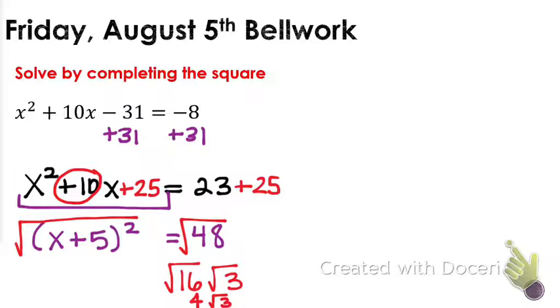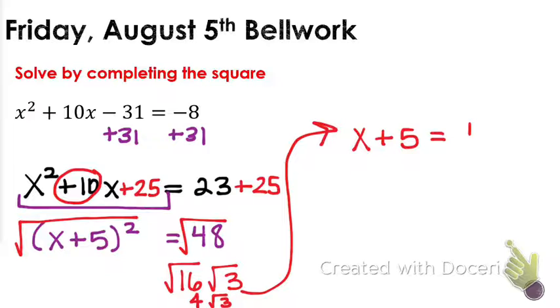So what we really have here is x plus 5 equals plus or minus 4 root 3. So when you square root the left, that just gets rid of the exponent.